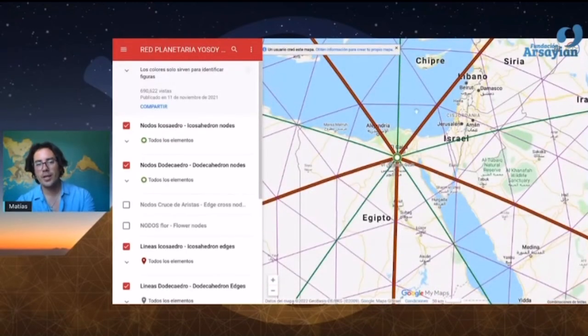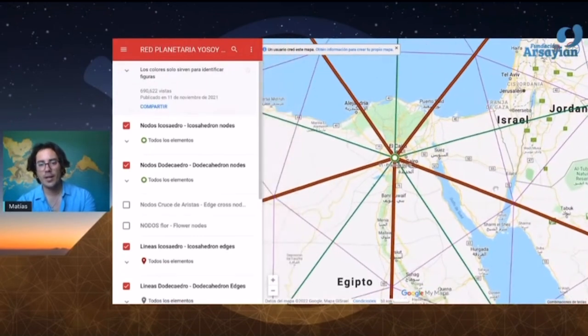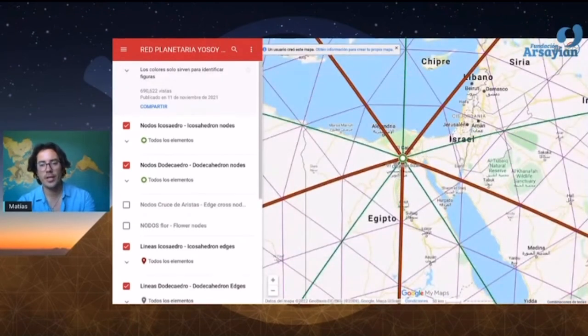As you see, this pentagon is the territory of the node. It includes Giza, the Sinai Peninsula, and reaches until the territory of Abydos, and all this part of the Nile, the Delta. So this is all the territory of the node.